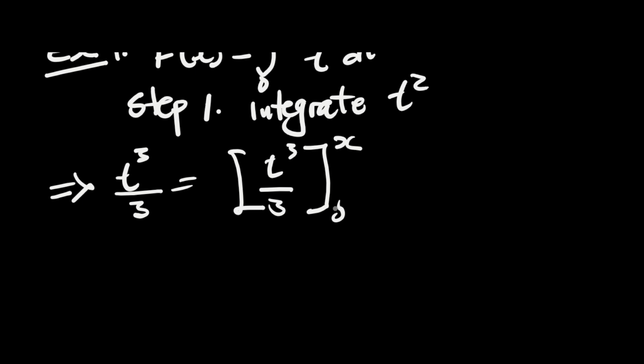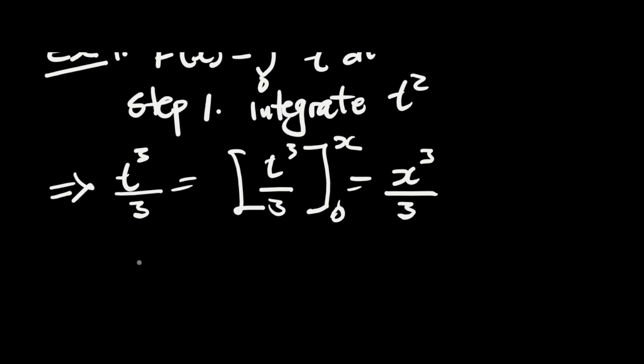When we substitute 0 for t, this entire term will be 0, the lower limit. When we substitute t with x, it will be x cubed upon 3. Now we have to find the derivative of x cubed upon 3.